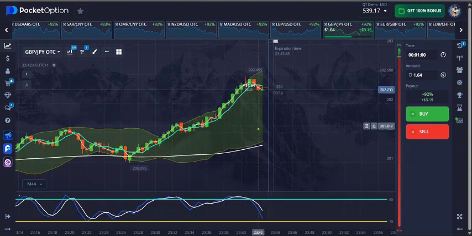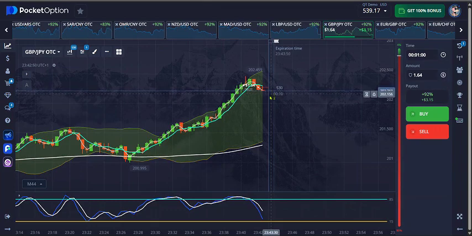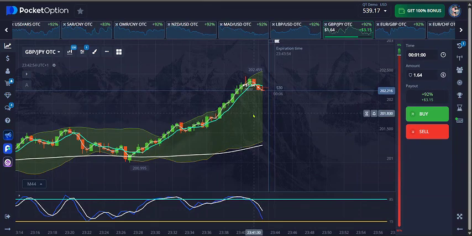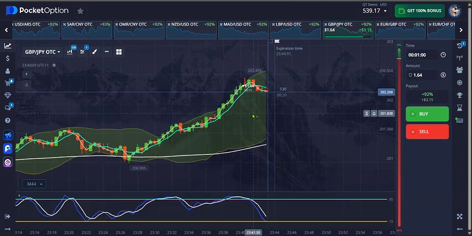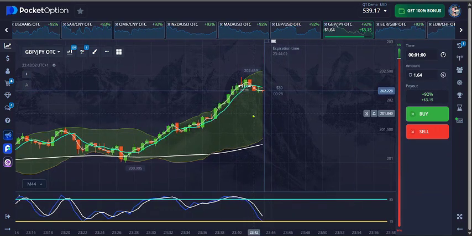Now, this is not an indicator signal here. This is based on personal experience as a trader. When you are trading, you implement both your year-long experience and the indicator strategy. So the indicator strategy is okay.